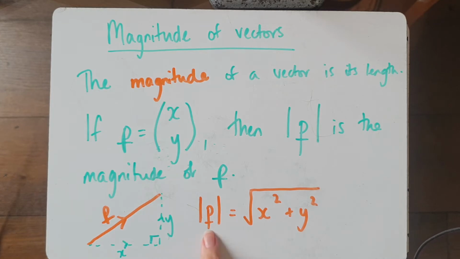So the magnitude of a vector is the square root of its x component squared plus its y component squared. Pause the video to get that copied down, please, and then I am going to run through an example.